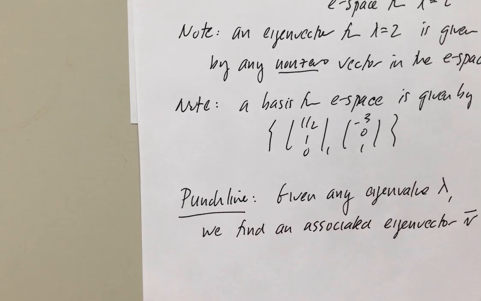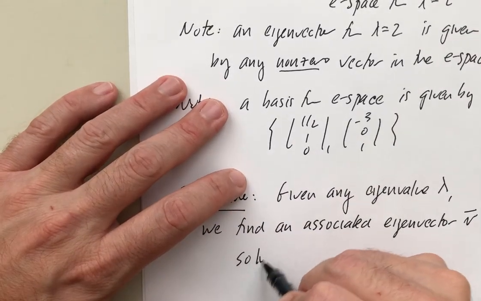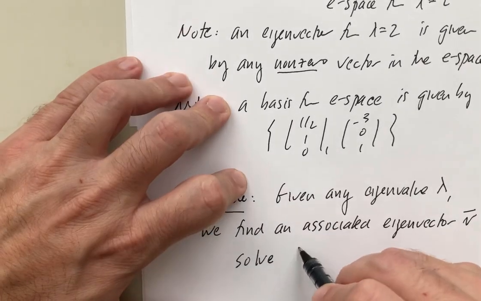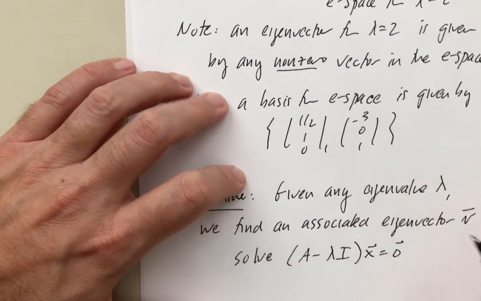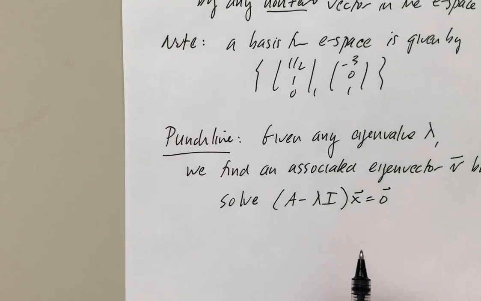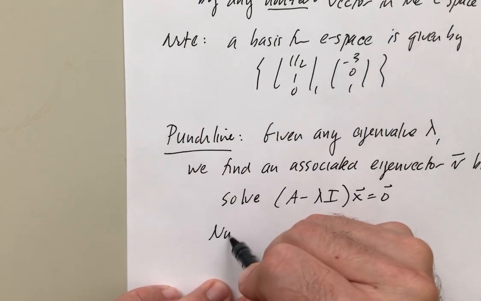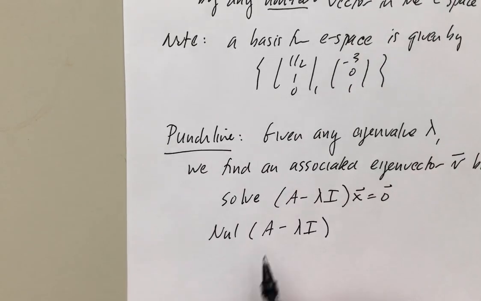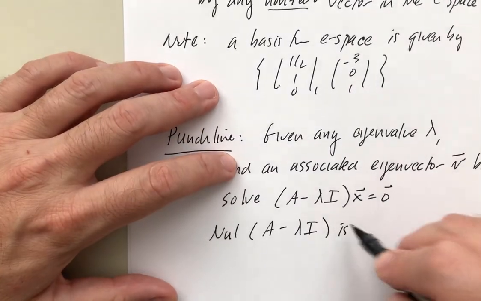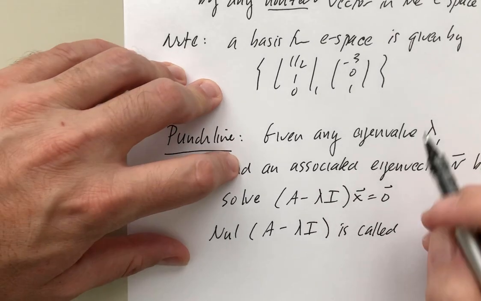What do we do? We solve the system A minus lambda I x equals 0. This is a homogeneous system. We get the general solution, which is given by the null space of A minus lambda I. This has a name. This is called the eigenspace.